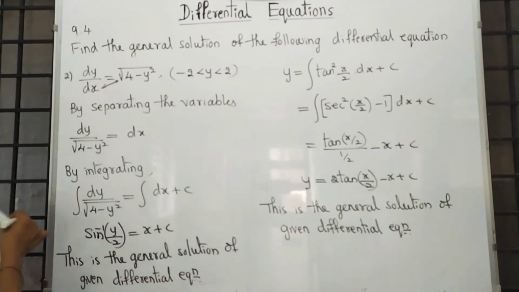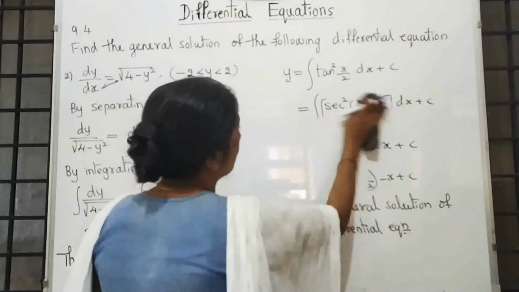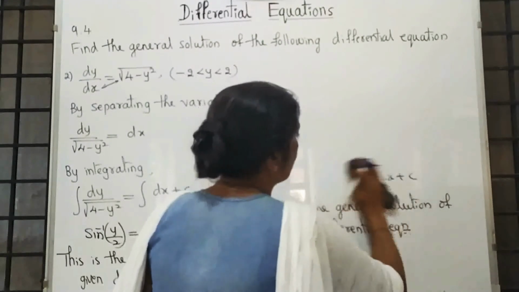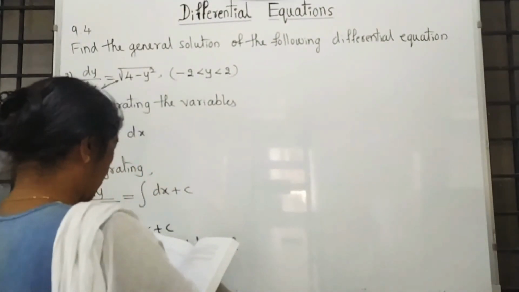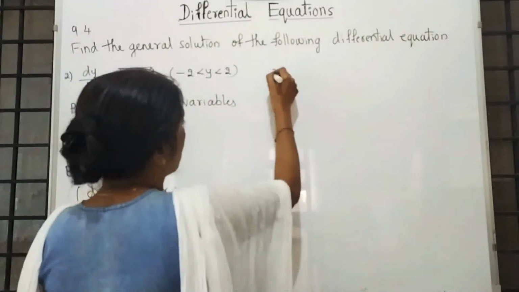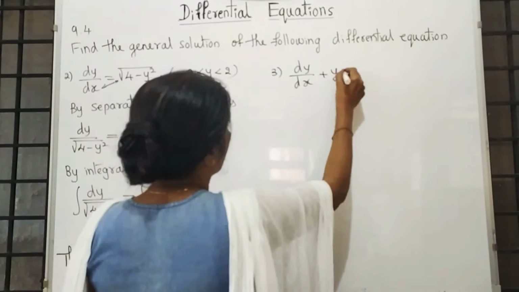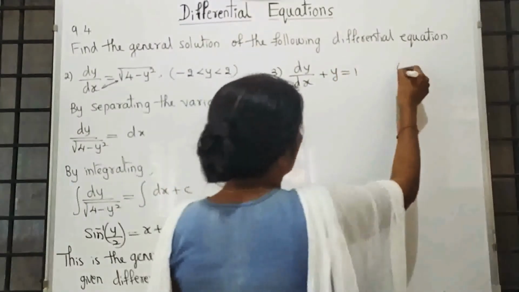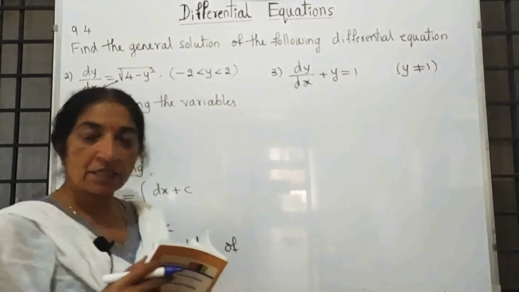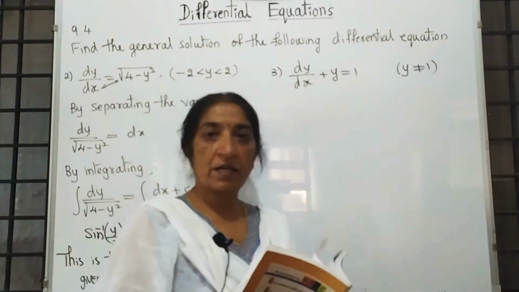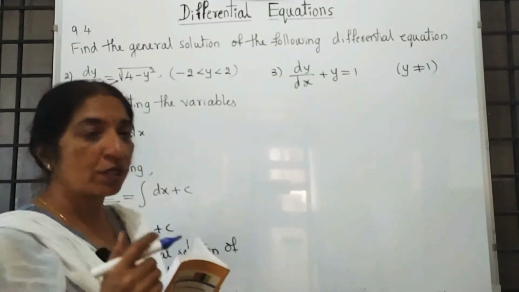Yes. Moving to the next question, that is the third one. Third one, dy upon dx plus y is equal to 1, where y is not equal to 1. See, why it is given like that? Suppose y is 1, 1 and 1 get cancels on both the sides, dy upon dx is equal to 0 is remaining, that's why.